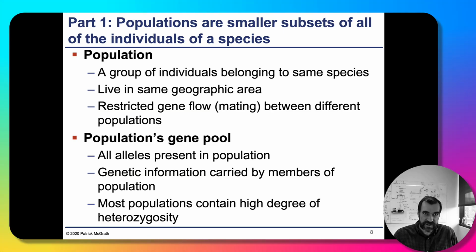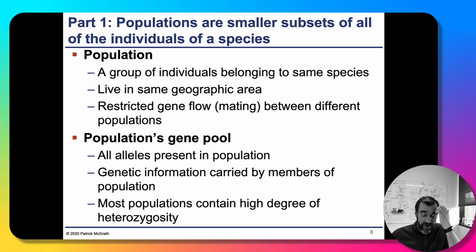This could be something like distance, where an individual in California, especially if you're a frog, is very unlikely to find themselves able to breed with an individual from Georgia. It could also be things like mountain ranges or oceans. So there's some sort of separation that prevents free mating from occurring.